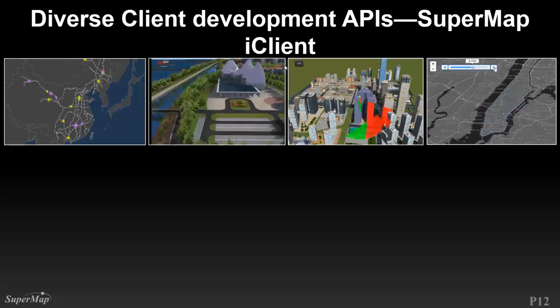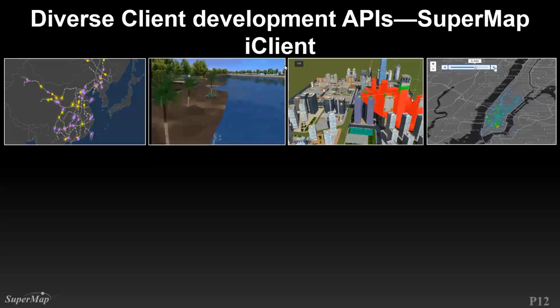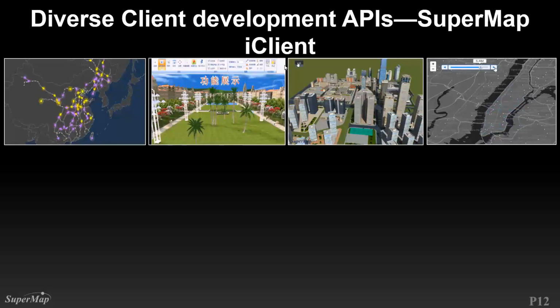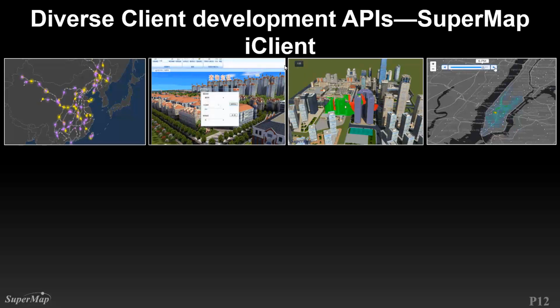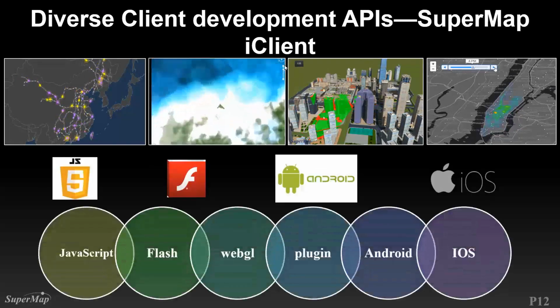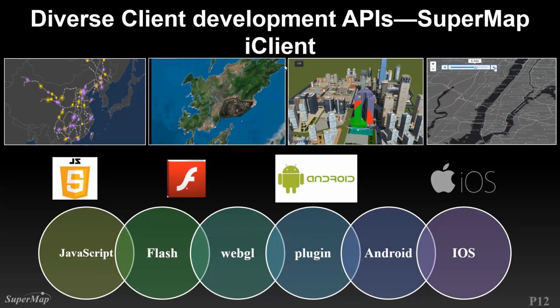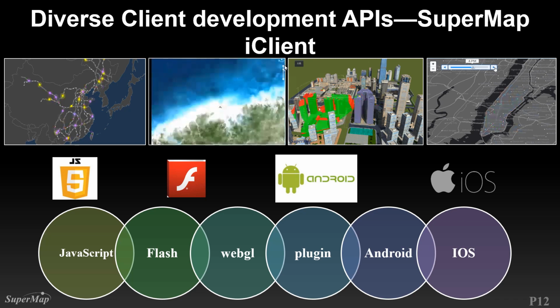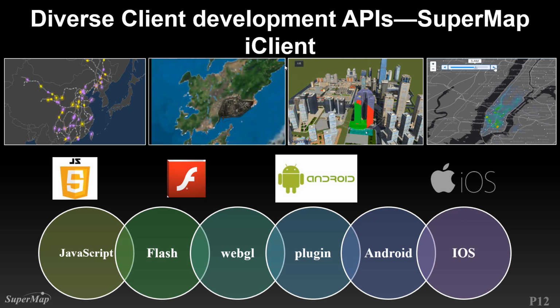SuperMap iClient contains packages for 2D and 3D application development that support web and mobile terminals, such as the JavaScript development framework for both mobile and web terminals, the Flash framework for 2D web application development, 3D non-plugin WebGL, and the 3D plugin development framework. SuperMap also provides packages that support native development for platforms including Android and iOS.